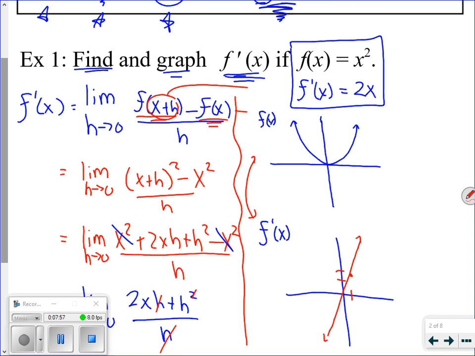Now, f prime of x, remember what a derivative function tells us? It tells us the value of the slope at any point on the original graph. So let's make some observations here. What is the slope of the tangent line at the origin? Well, you can see that it's a minimum here.